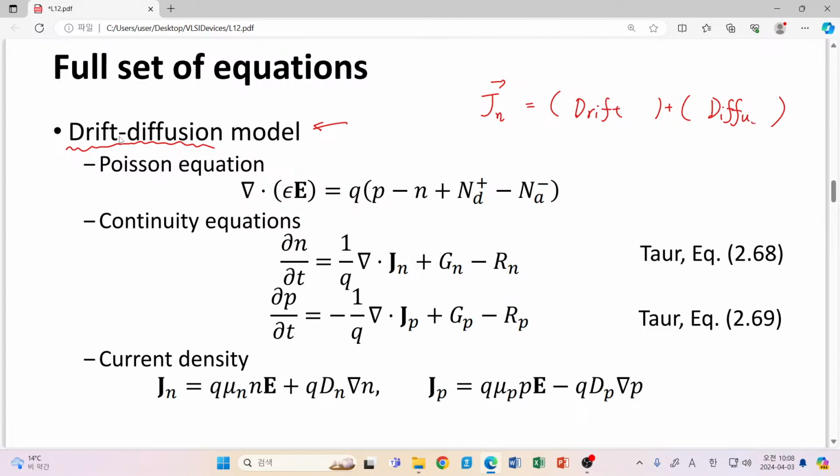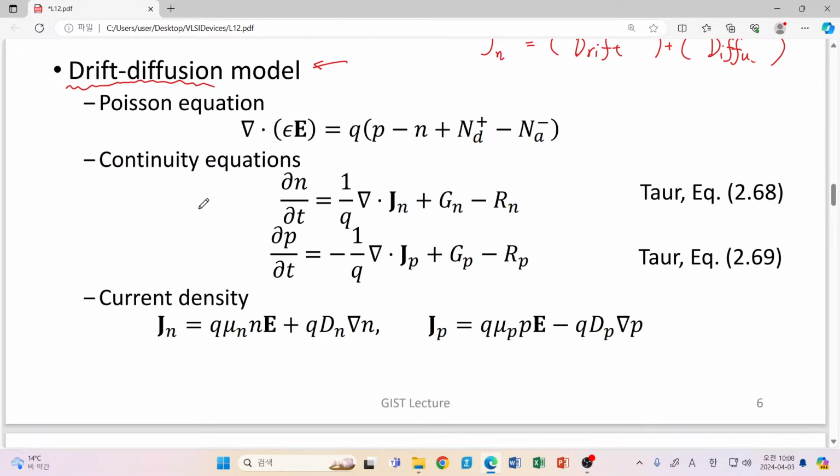The hole current density also has the same two terms: a drift related one and a diffusion related one. That is just the reason why we call it the drift diffusion model.